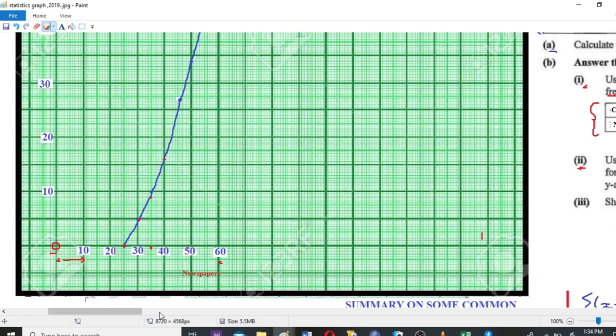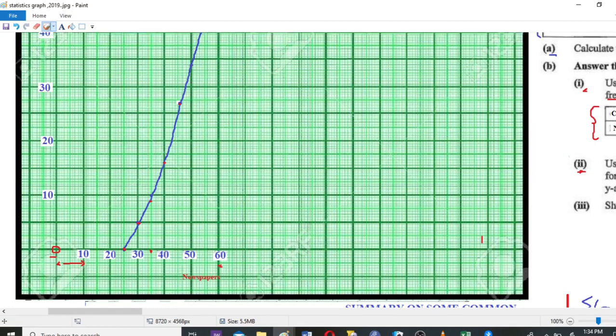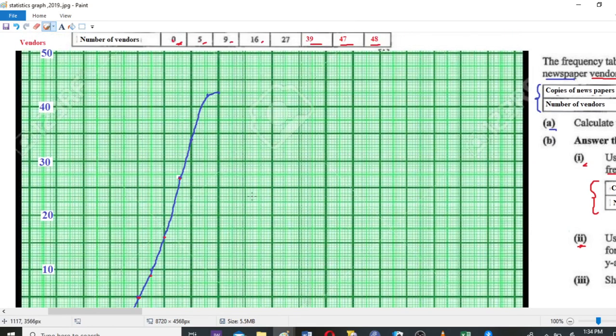So when you follow the same procedure, you are going to get these points. All these points there. And when you plot your graph, you are going to get this graph.